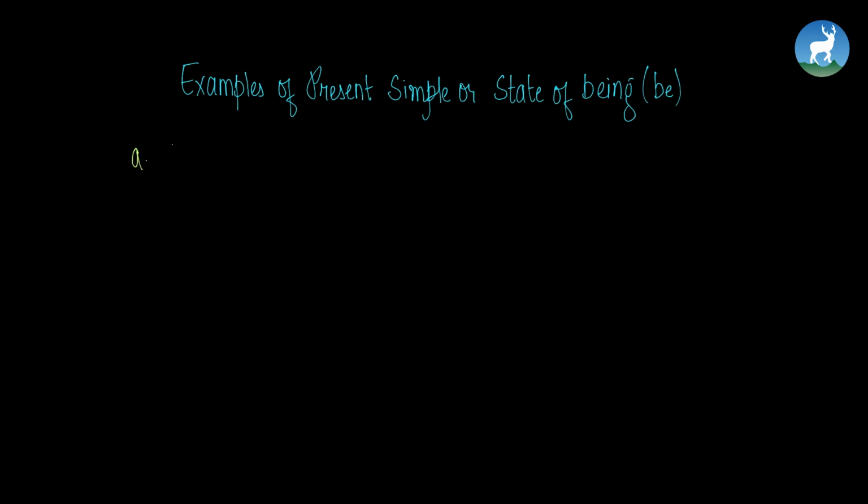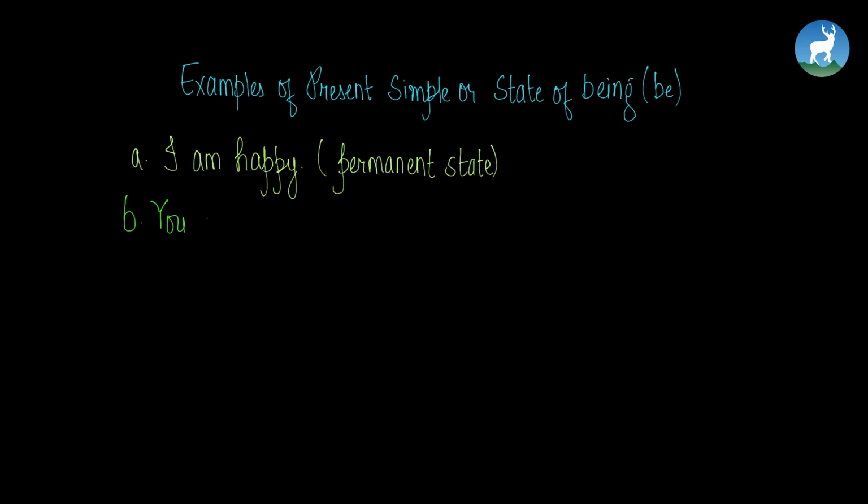So the first example, I am happy, like we did just a while ago. So this expresses a permanent state for the time being, right? Number B, you are a student. So what does this sentence reflect? It explains a fact that you are a student.